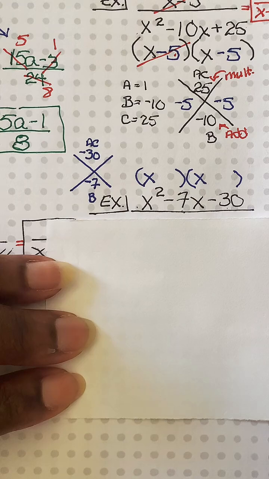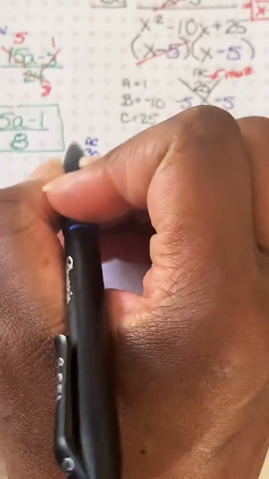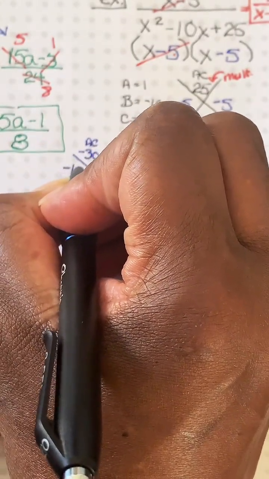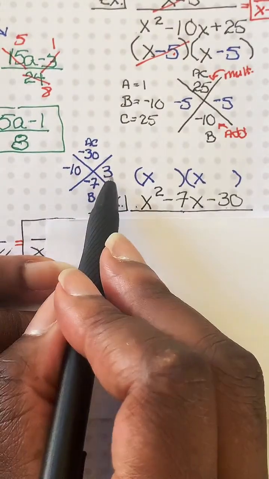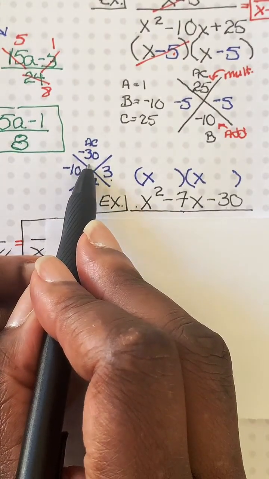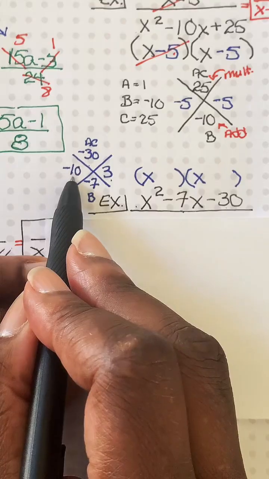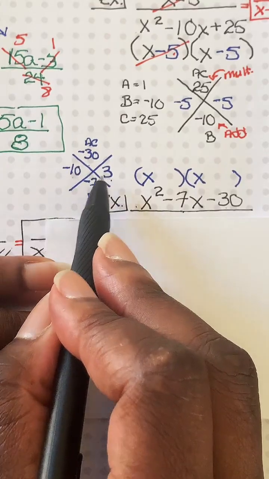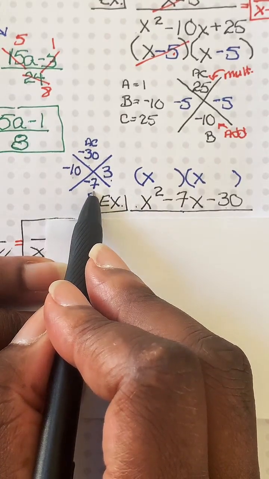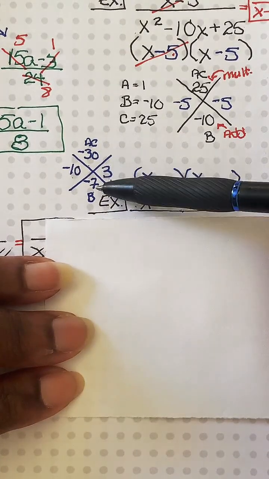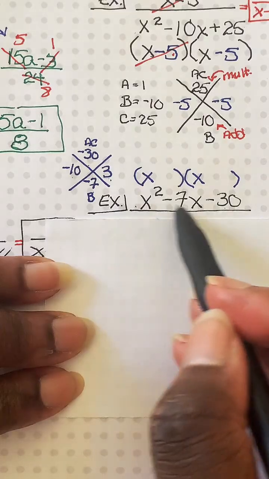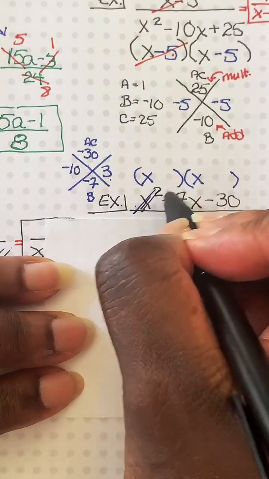All right, so I got a lot of people saying negative 10 and 3. Negative 10 times 3 gives me negative 30. Negative 10 plus 3 gives me negative 7. So that works for both situations. So now this is no longer in existence.